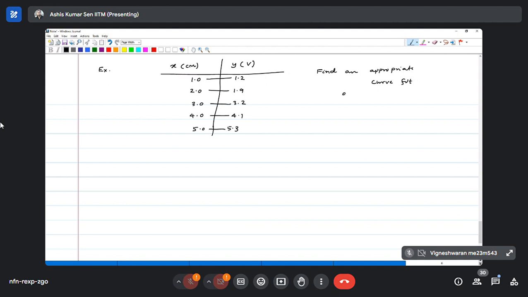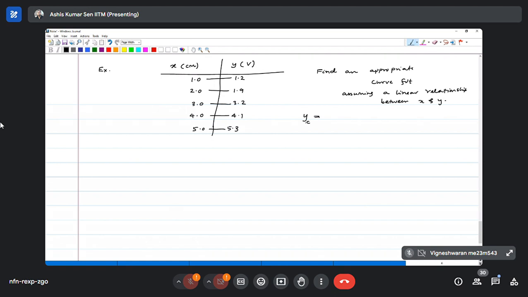Curve fit, assuming a linear relationship between x and y. So first thing that we would do is that we would write our y fit.